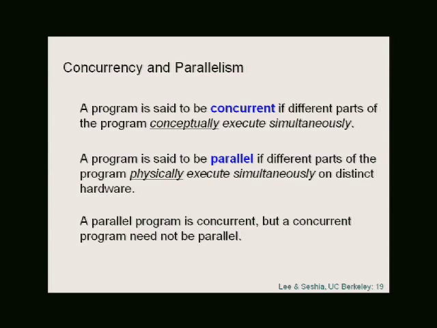The different applications run as distinct processes. Sometimes an application runs as multiple processes also. And these processes run concurrently because the operating system scheduler can decide to run a little bit of process 1 and a little bit of process 2 and a little bit of process 3, and you can't tell at any given point of time which process is running because they all appear to be running at the same time. So that's logically executing simultaneously, which is concurrency.